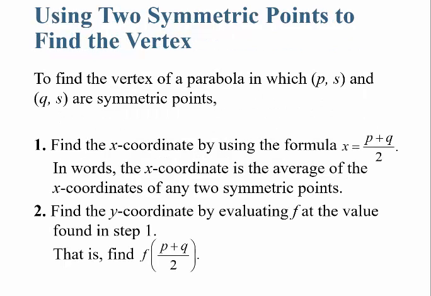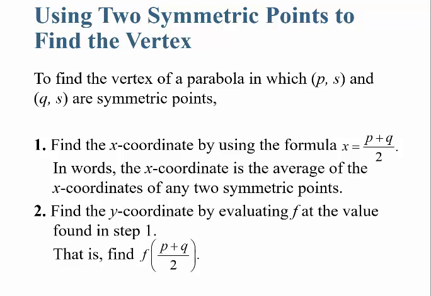To find the vertex of a parabola, suppose (p, s) and (q, s) are symmetric points. Notice how the y values are the same. Once you've found symmetric points, you find the x coordinate using the formula x equals (p plus q) divided by 2. In other words, the x coordinate is the average of the two x coordinates of the two symmetric points.